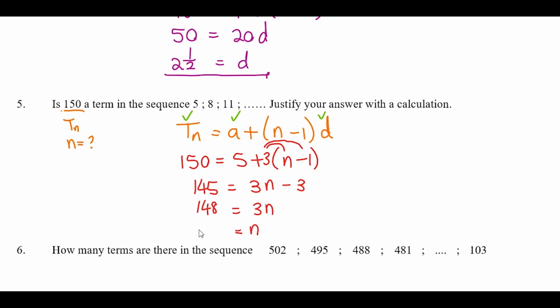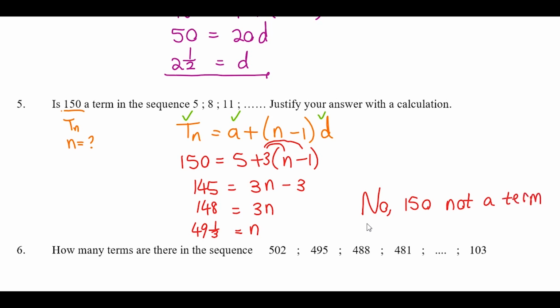And when I do that, I don't get a whole number. I get 49 1/3, or 49.333. Now, because I haven't got a whole number, there's no 49 1/3 term. So the answer here is no, 150 is not a term. It's not in the sequence.